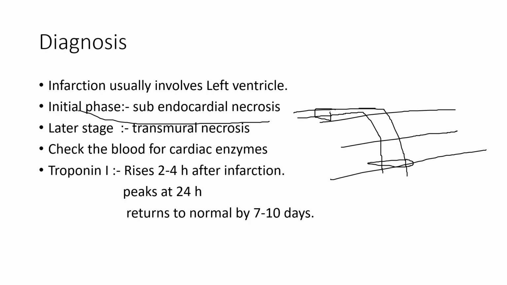So the enzymes that are inside the cell will also leak out, and the remarkable enzyme used for the diagnosis of myocardial ischemia is troponin I. It rises 2 to 4 hours after infarction, peaks at 24 hours, and returns to normal by 7 to 10 days.